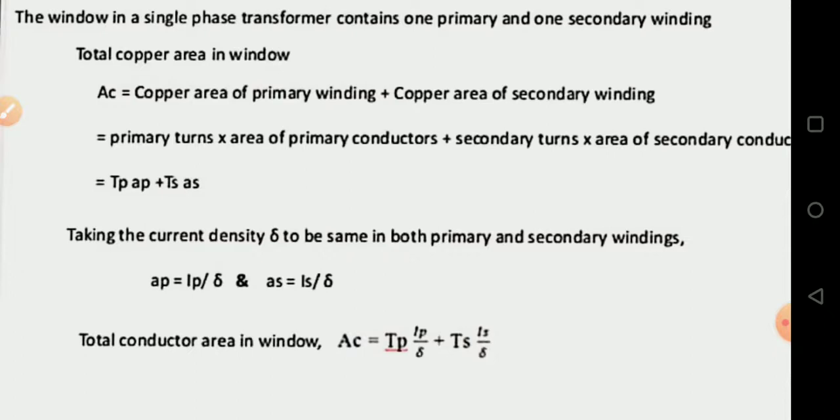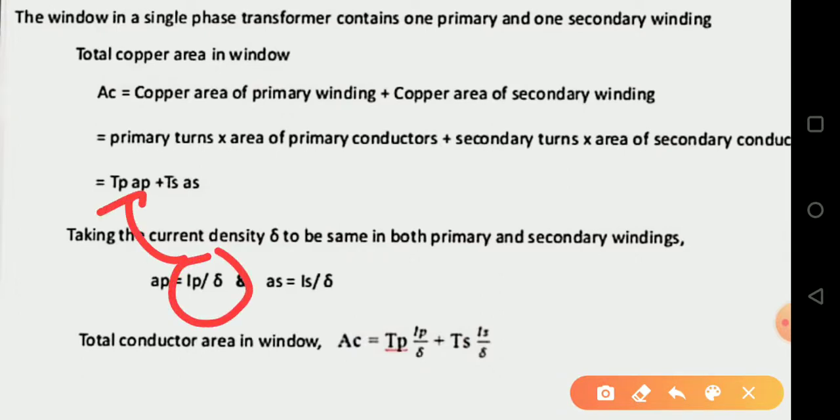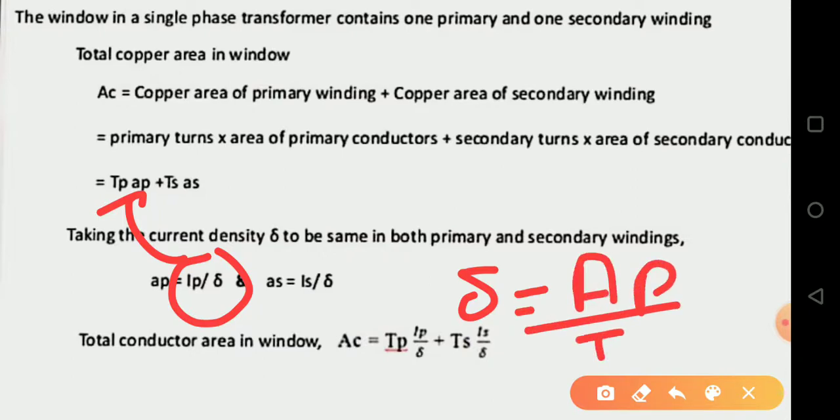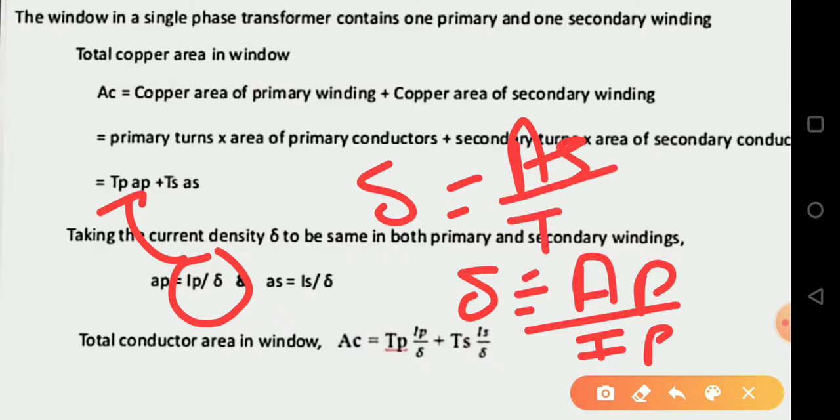Because the current density is the ratio of the current in the primary to the area of the primary, the same as the current density in the secondary is the current in the secondary upon the area of the secondary.